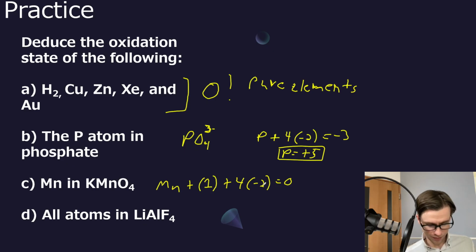So I'm going to have Mn plus 1 minus 8. Or in other words, Mn minus 7 equals 0. Mn equals +7.